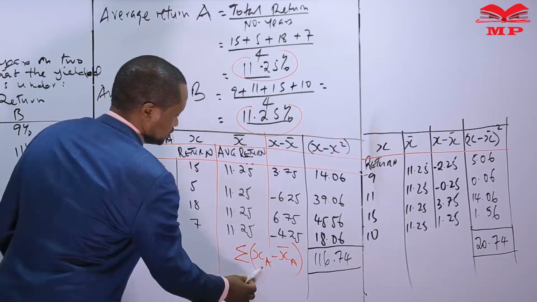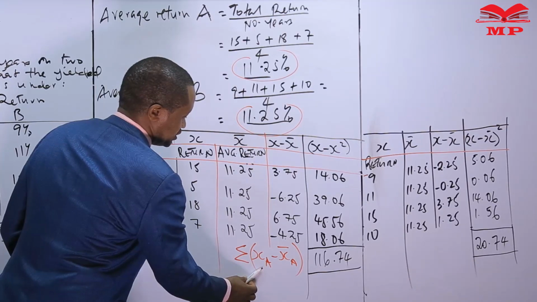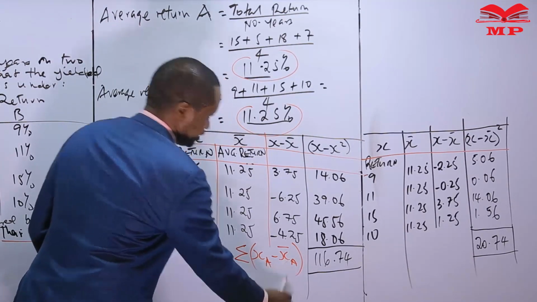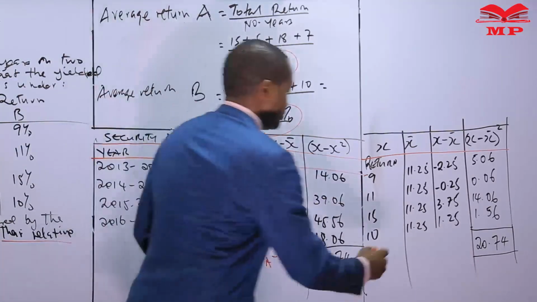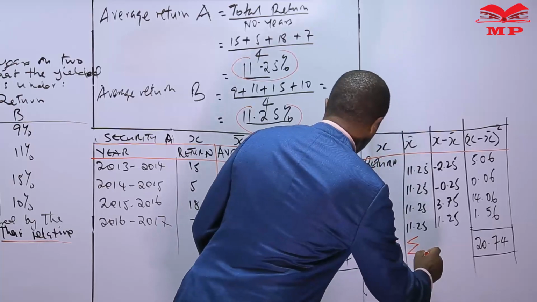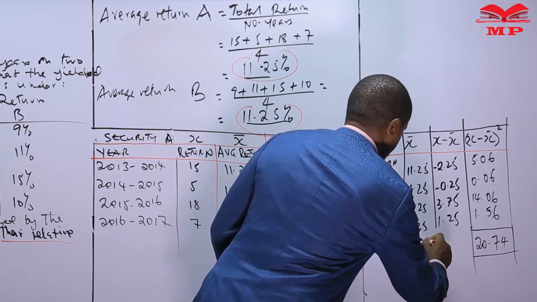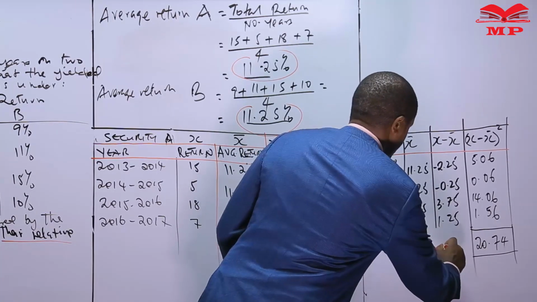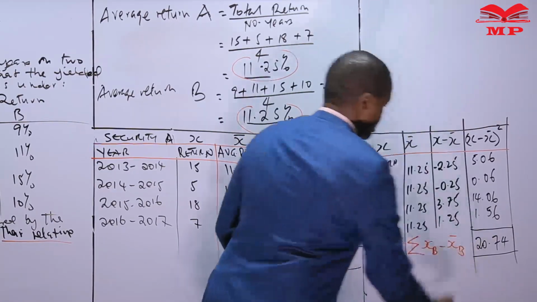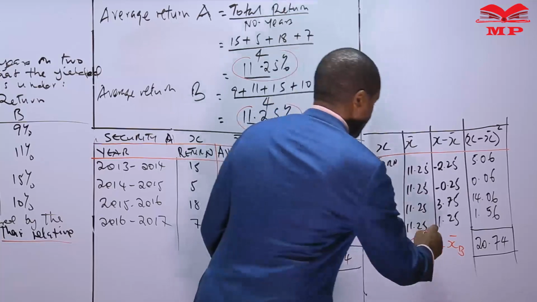This is the actual returns for security A. This is the average return for security A. The same thing here, we have the summation of XB minus X bar B, that is the mean or the average.